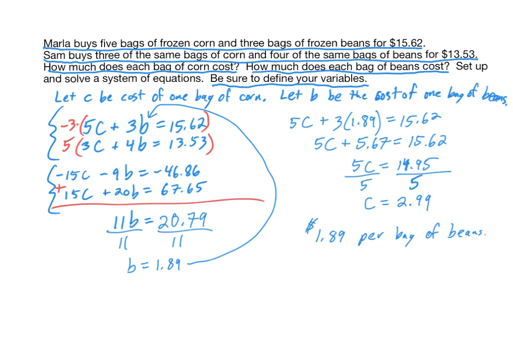And we just saw that C, which is the cost of one bag of corn, is $2.99. So we've got $1.89 per bag of beans and $2.99 per bag of corn. Let's now look at another example.